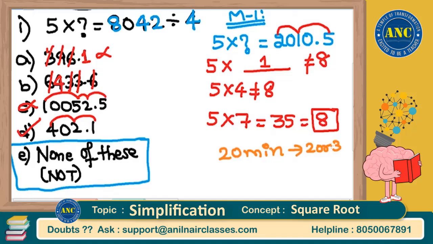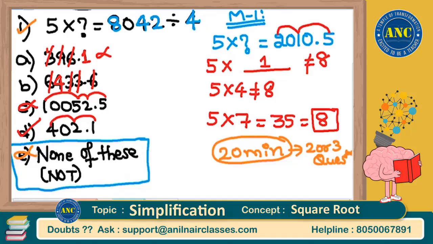I know it, you know it. Now you have so much time left to solve these 3 questions. Calculate it exactly and find the answer, and mark none of these as a wrong answer in this question.